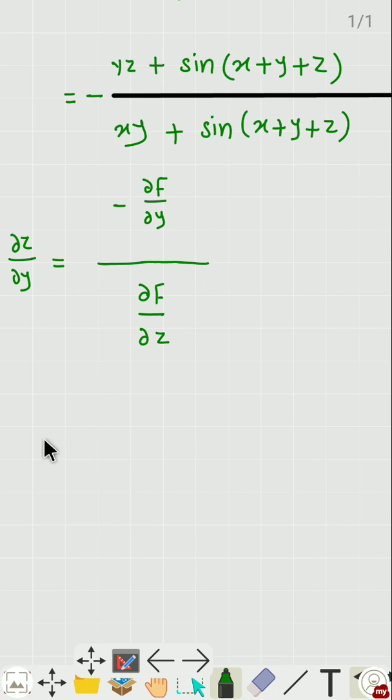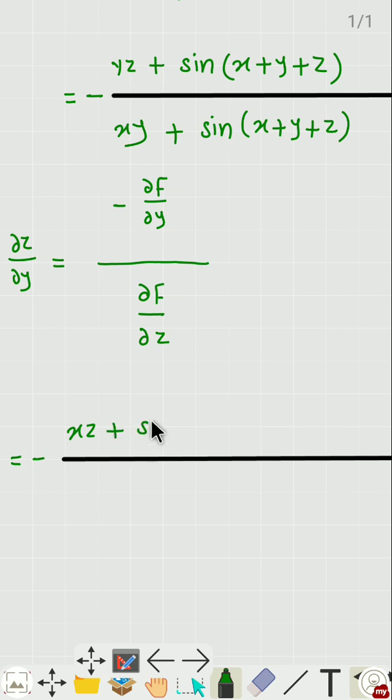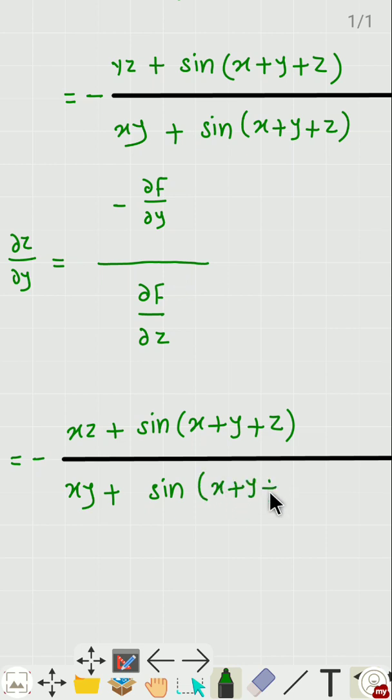Okay, we write here equal to, on this line we have to write minus sign, and dou f by dou y is xz plus sine of x plus y plus z, divided by xy plus sine of x plus y plus z.